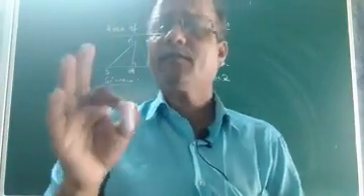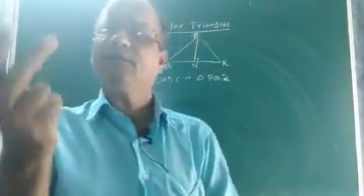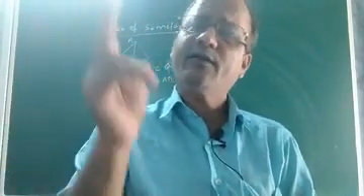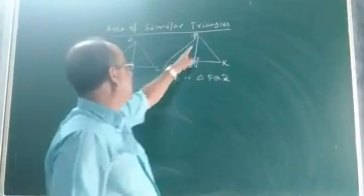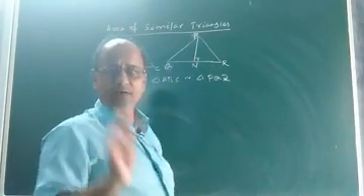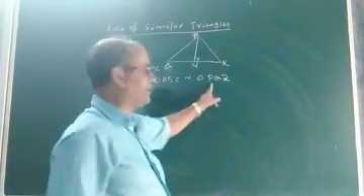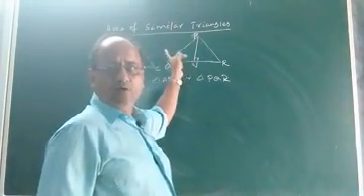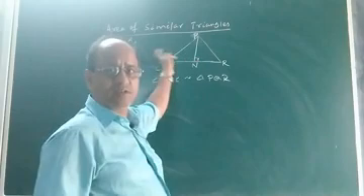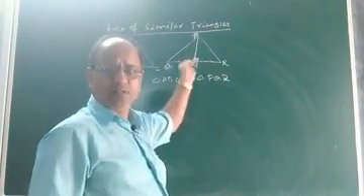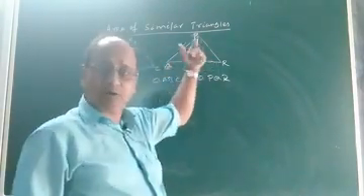So theorem 6.6 says that if there are two triangles given which are similar, look at the figure. Suppose triangle ABC and triangle PQR are similar. It is given to you. Then what will be the relation between their areas, the areas of these two similar triangles, with their corresponding sides?